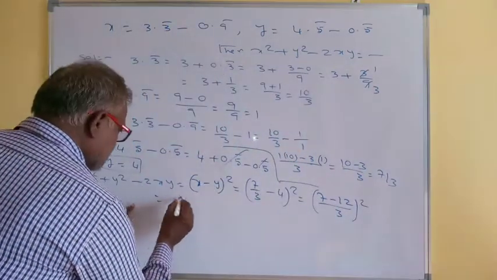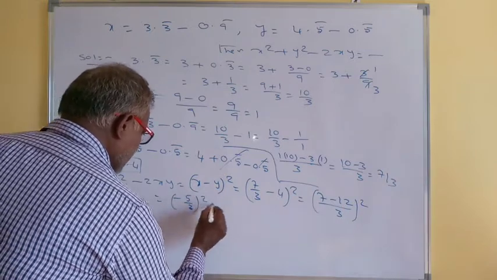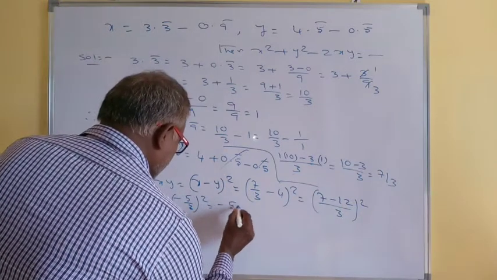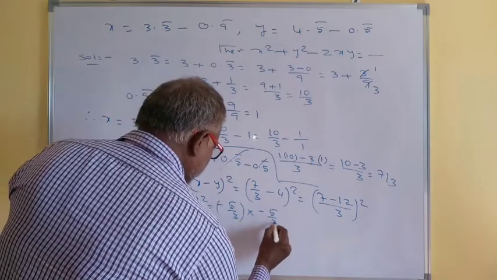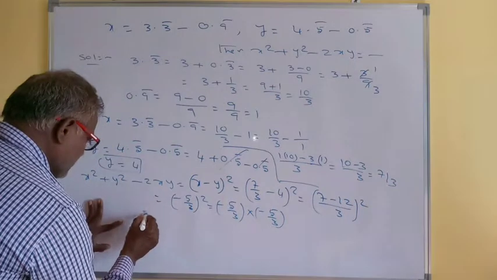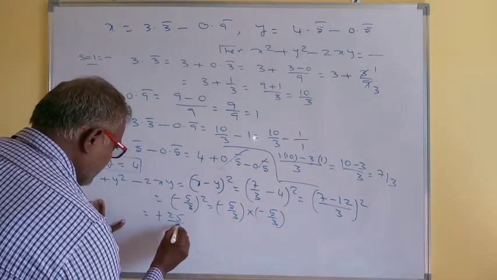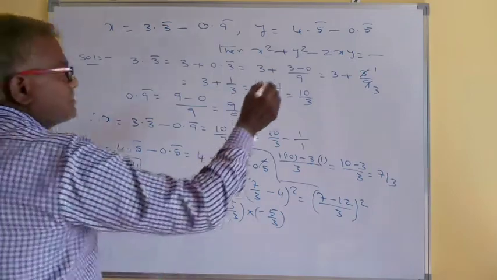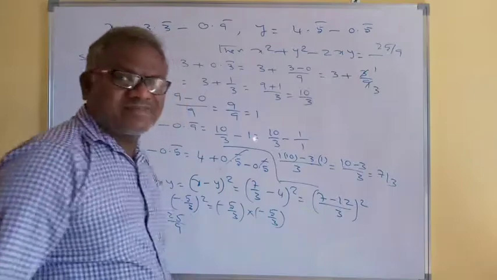That means 7 minus 12, minus 5 by 3 whole square. That means minus 5 by 3 into minus 5 by 3. So minus into minus gets plus, 5 into 5, 25 by 9. So this value is nothing but 25 by 9.